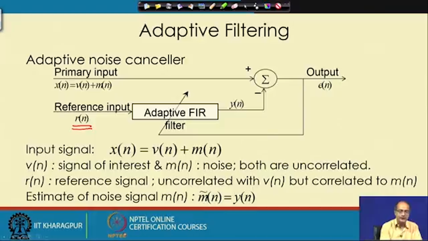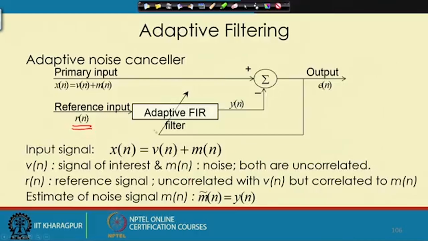For example, if the noise here is the power frequency hum, we can take the reference from the power line, because power frequency hum would be related to the power supply voltage, which we can directly take from that power supply.